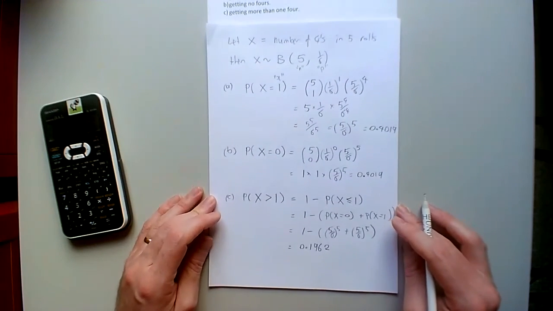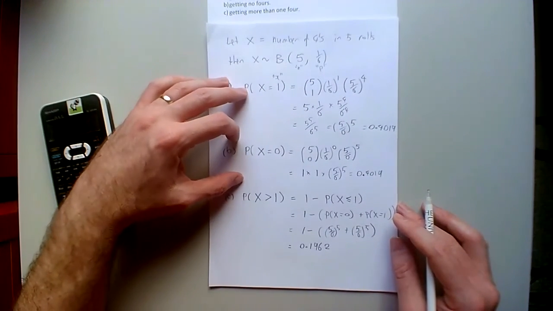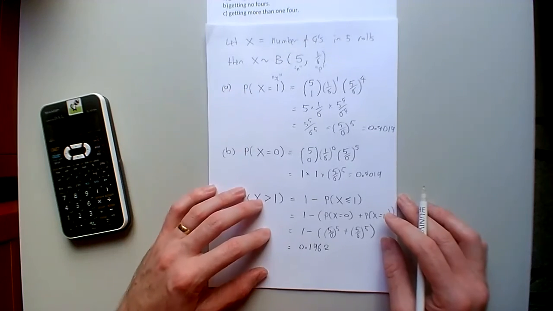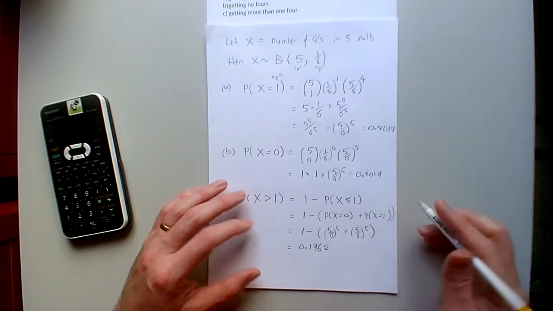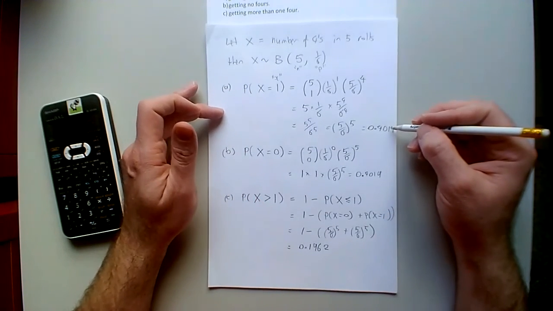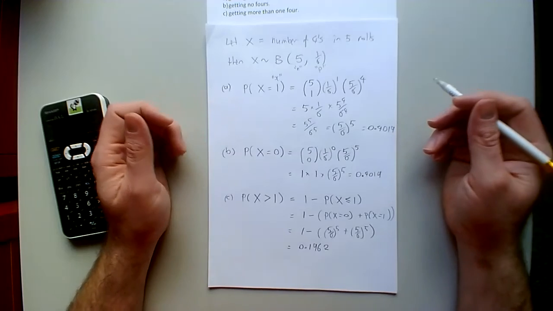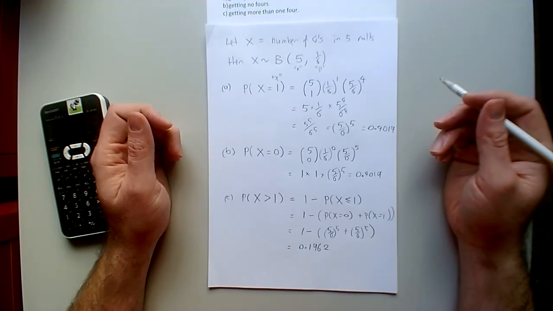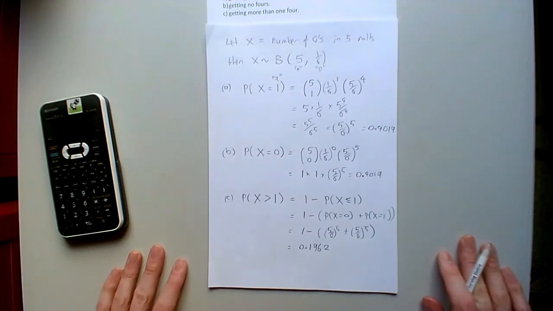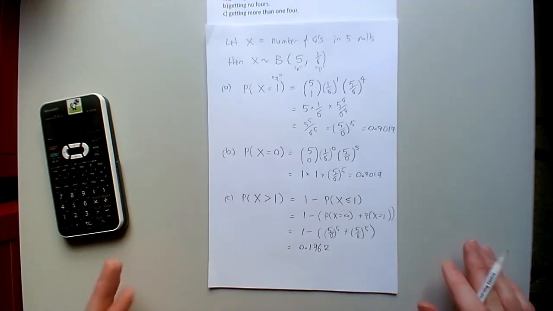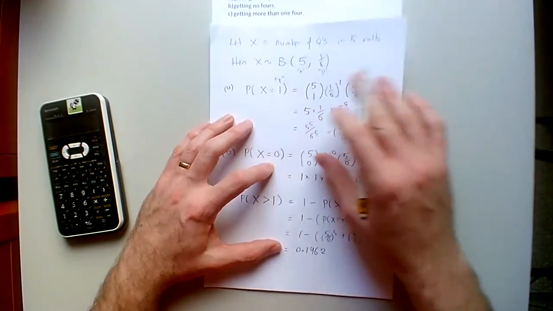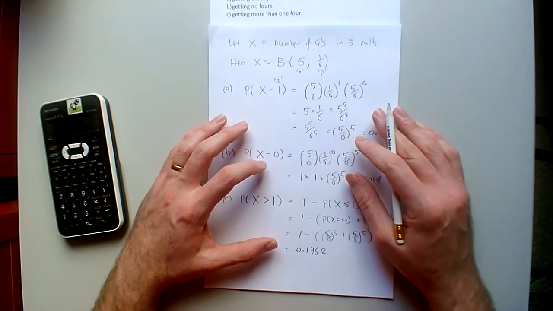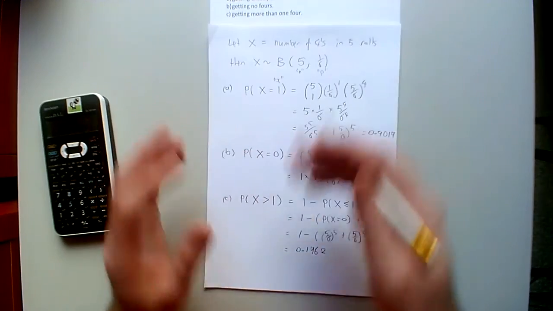So it's really much more likely to get 0 or 1 fours than to get anything else. The median is therefore 1, I reckon. All right, well, there we go. I've managed to use the formula for doing probabilities with binomial distributions to figure out these answers.